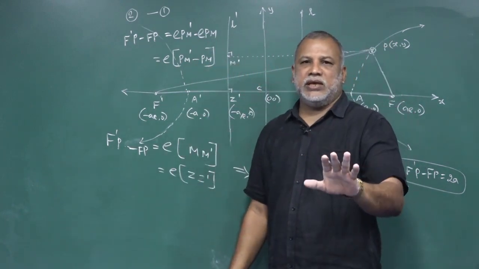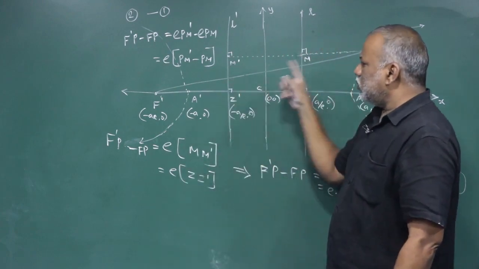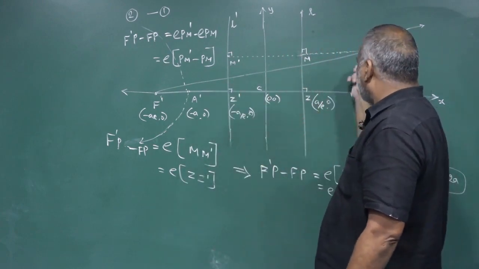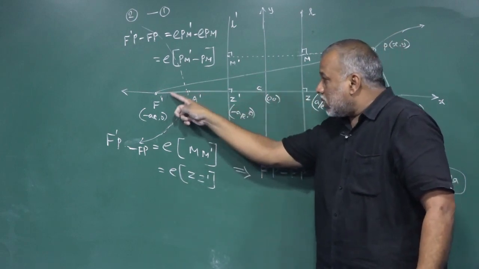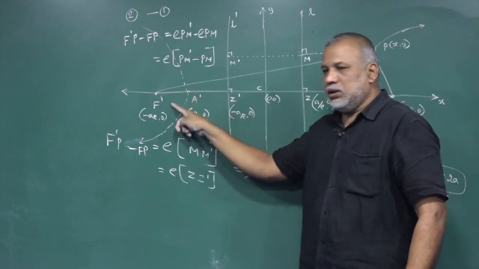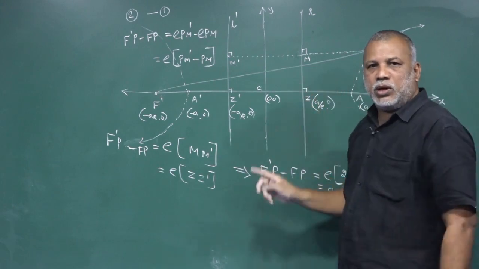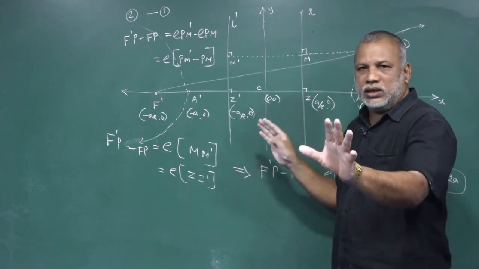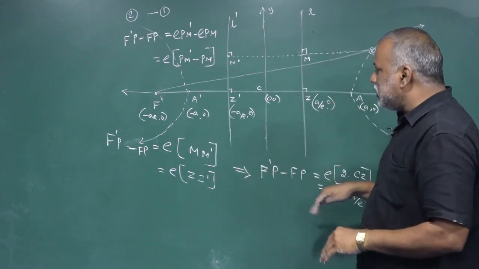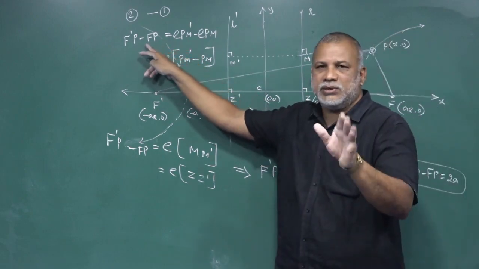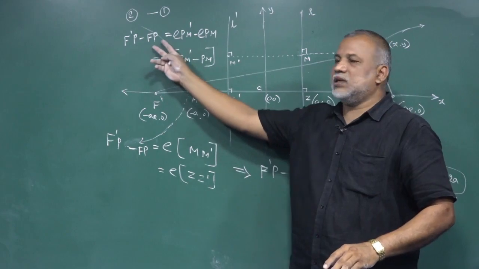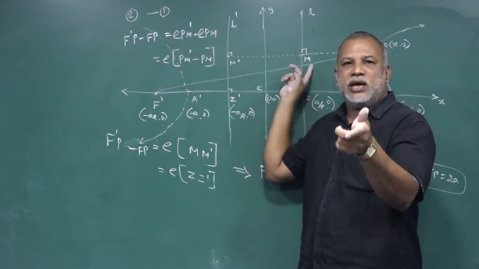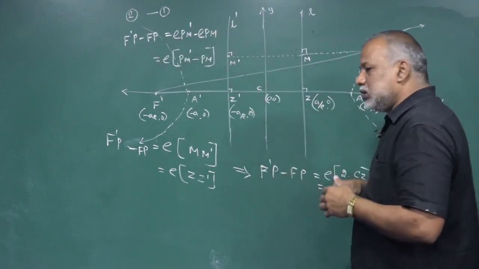So from the diagram, use the concept. F dash P is one of the distances, FP is also a distance. These are the focal distances, and P is any point on the hyperbola. Here we are using difference, which is nothing but subtraction. So the difference of the focal distances of any point on the hyperbola is equal to 2A.